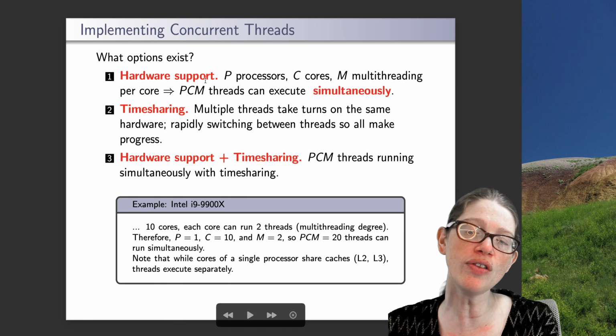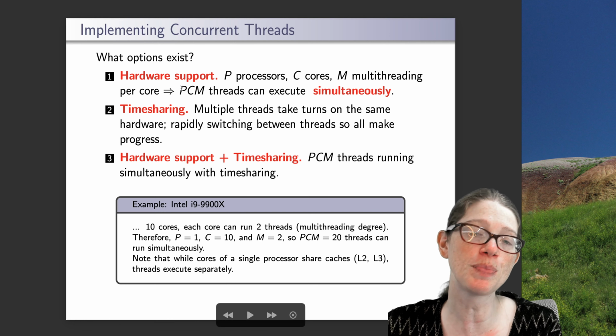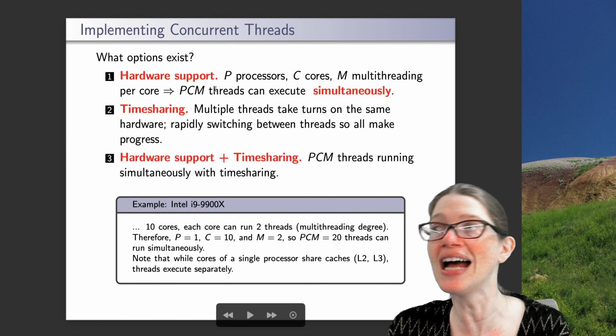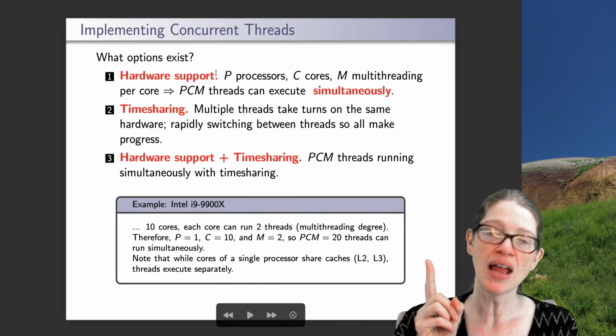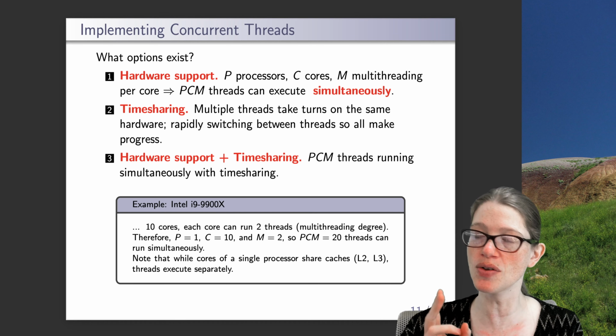So the total number of threads you can run simultaneously, that is in parallel, is the multiplication of those 3 values: P times C times M. That's why my Core i9 here can run 12 things, because my one CPU has 6 cores, and each core has a degree of multi-threading equal to 2, so 12 threads. Whereas my Threadripper, which is in my basement so it stays cool, has 32 cores and can run 64 threads.